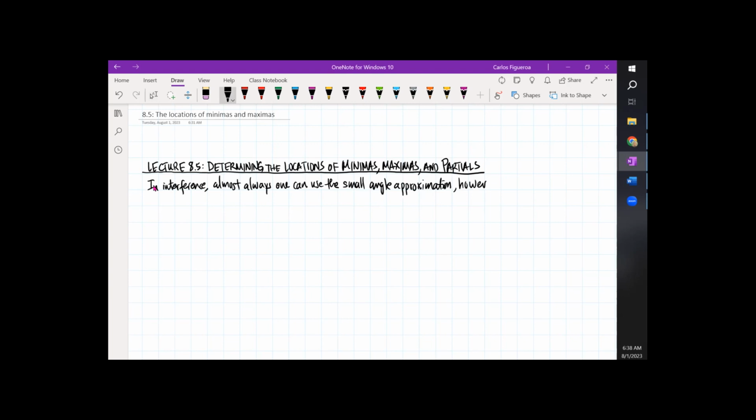However, this is not the case for diffraction. And this is something that I'll show you why.